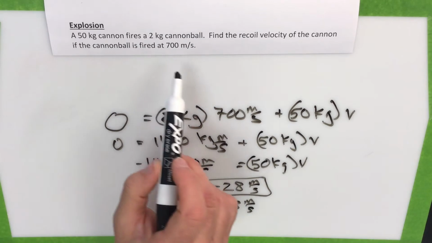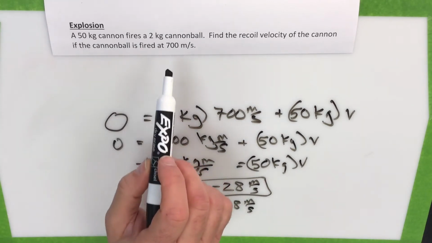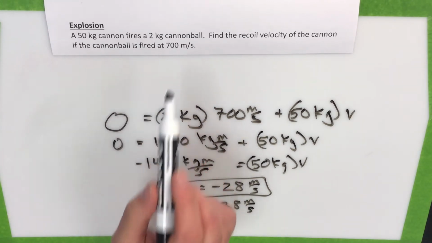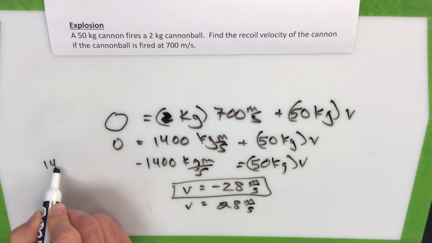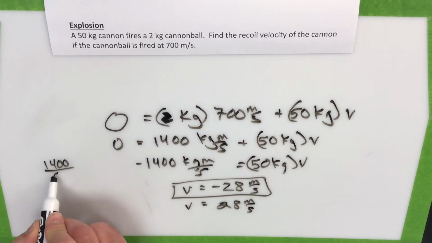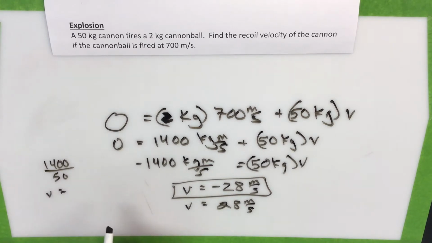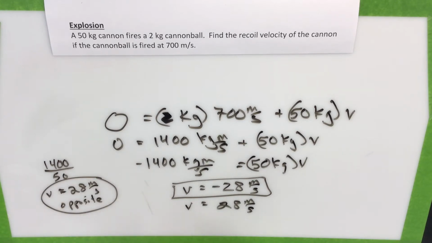The 2 and the 700 go together, and the 50. Well, you just 2 times 700, it's 1400. 1400 total divided by 50 gives you the velocity, and you can actually think your way through these things pretty quickly. 1400 divided by 50 gives you 28 meters per second opposite. So simple ratios, you can figure this kind of thing out.